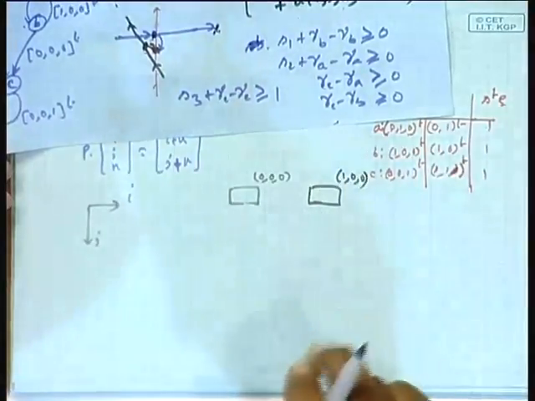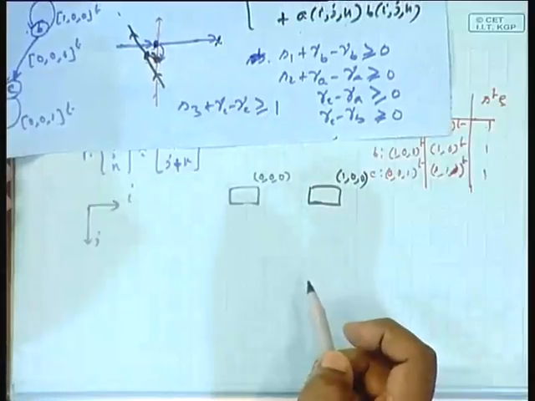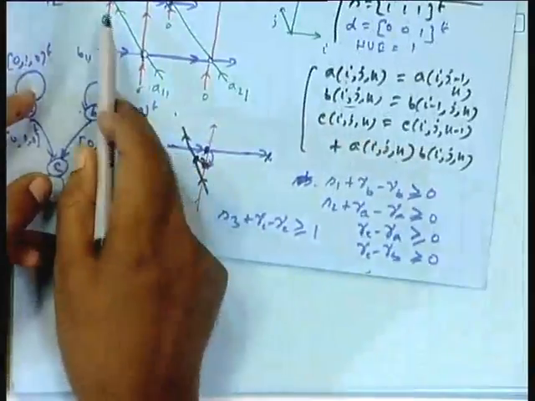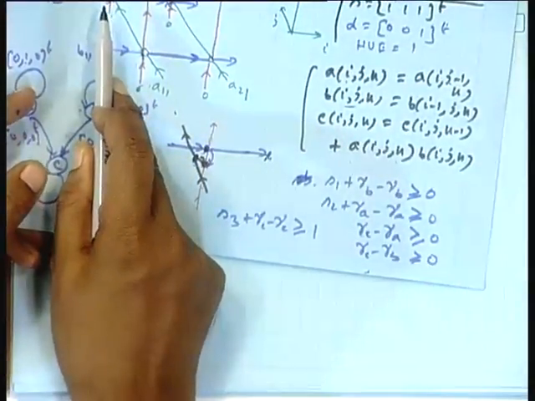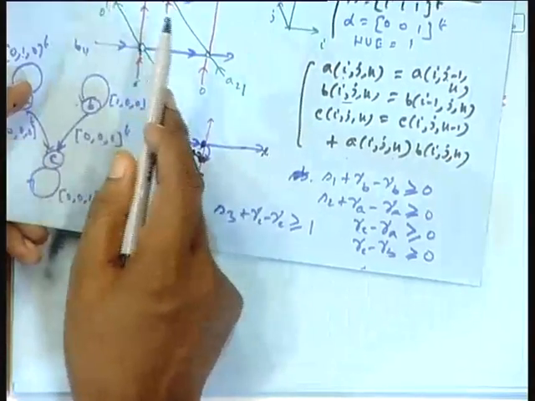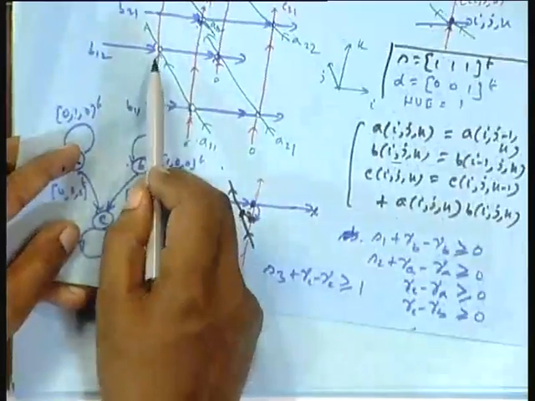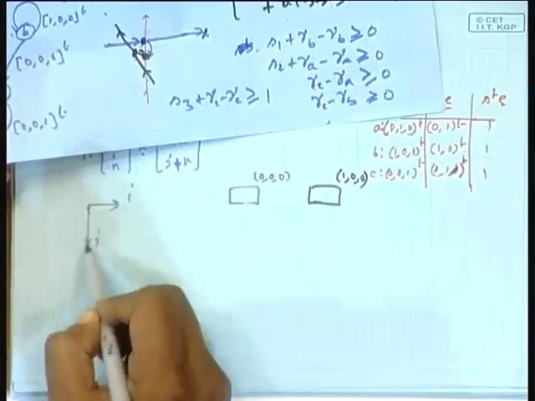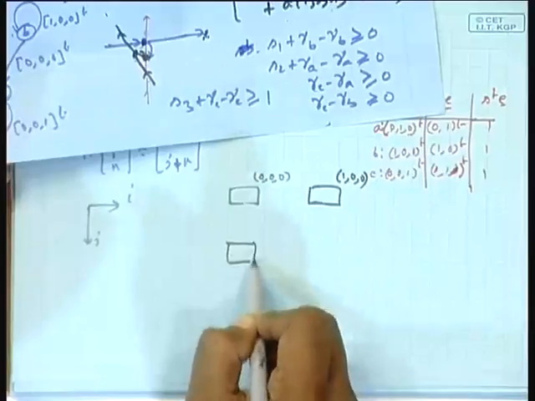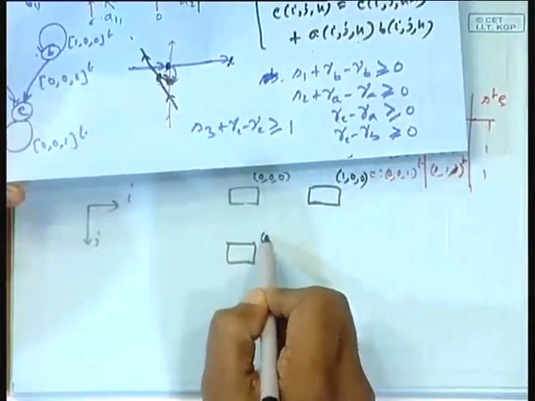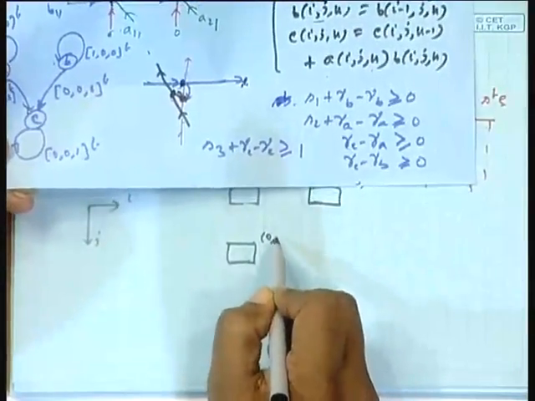Okay? Then this guy, 0, 1, 0 will be 0, 1. I plus k, j plus k. 0, 1. So here, and this is 0, 1, 0 here.